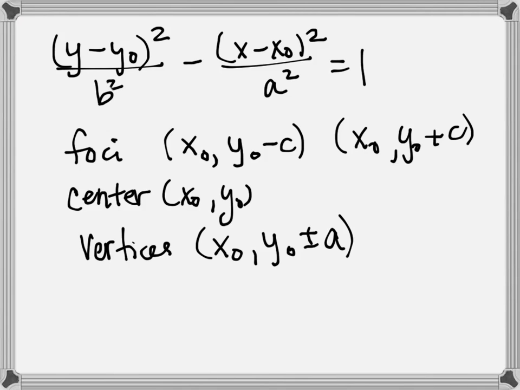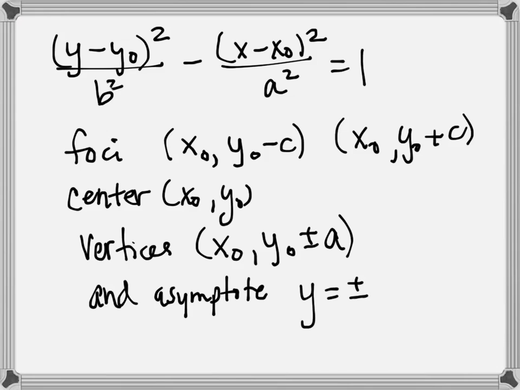And your asymptote is almost the same as before, except that it is plus or minus a over b instead of b over a. I'm fairly certain none of the questions I've assigned asked about the asymptotes.